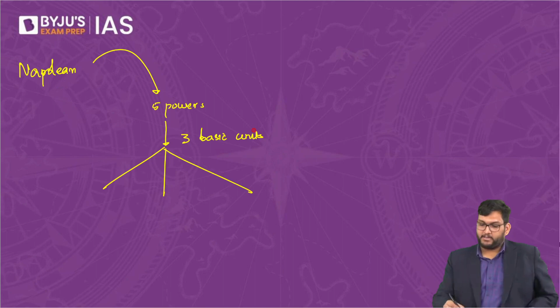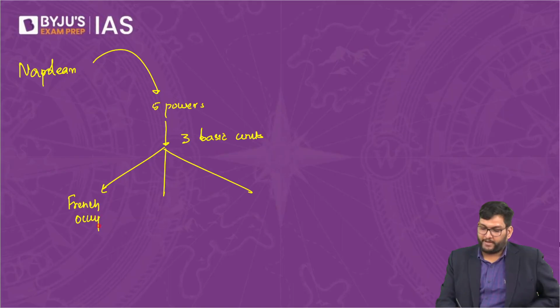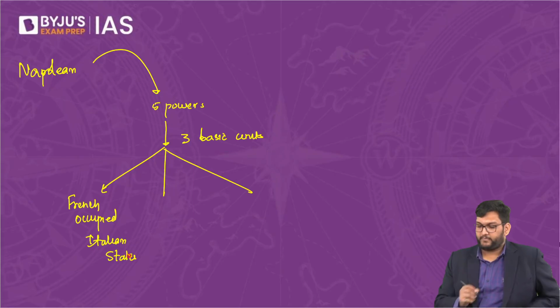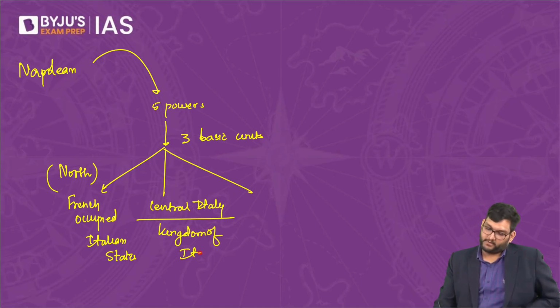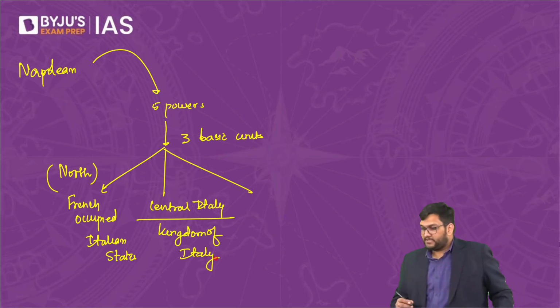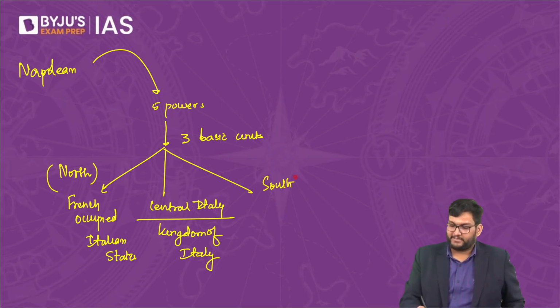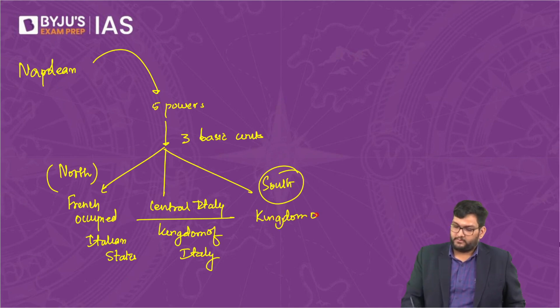One he used to call French occupied Italian states. Then this was basically north. Central Italy was called the Kingdom of Italy, and the southern sector, he called it the Kingdom of Naples. Naples is a place in the southern sector.